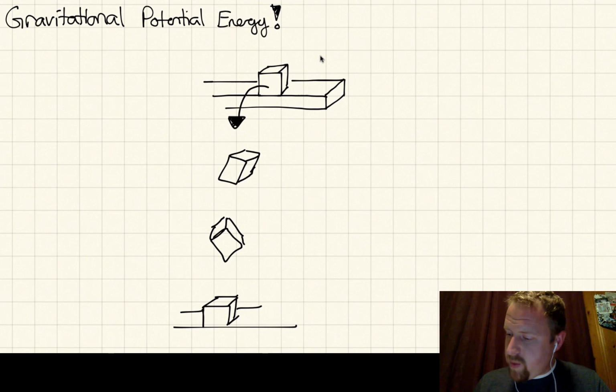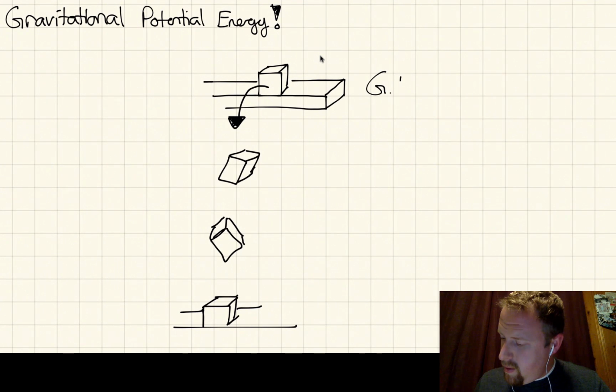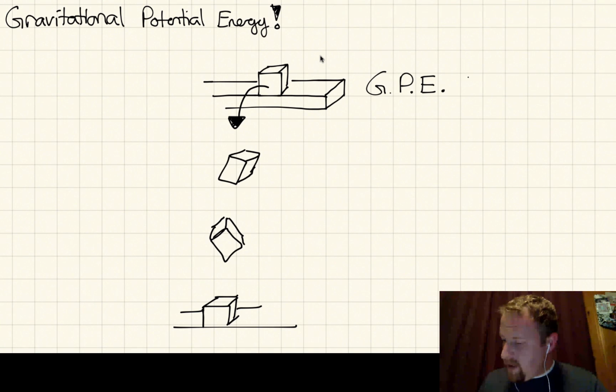We like to call this GPE, gravitational potential energy. Now, in order for an object to fall, it has to have the ability to be pulled down by gravity.